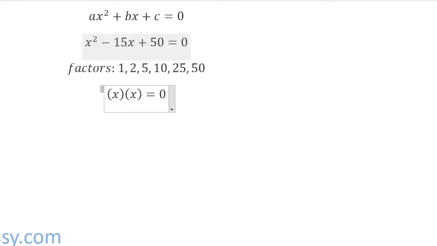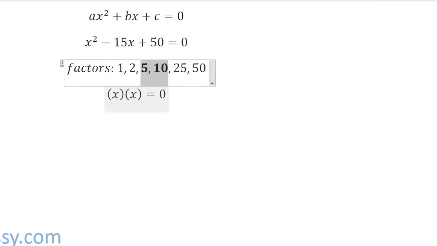So which factors of 50 can we add to give us 15? Obviously, it's 5 and 10. These are the factors that will give us 15.